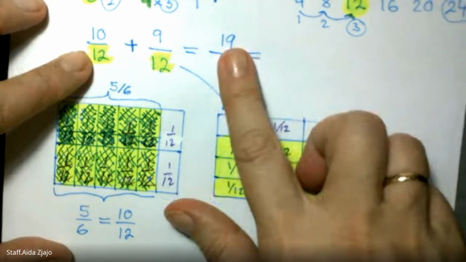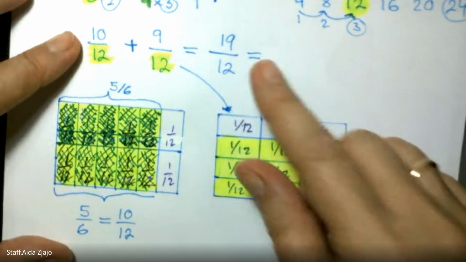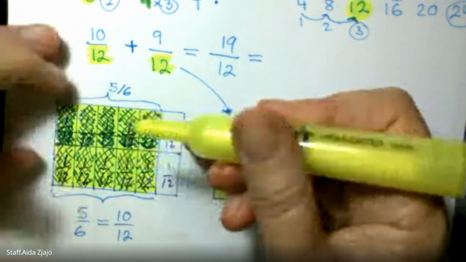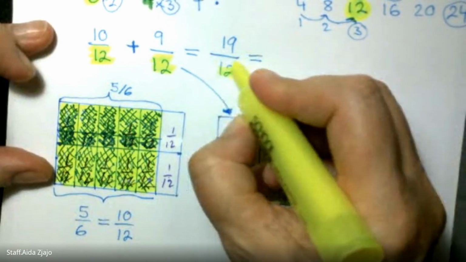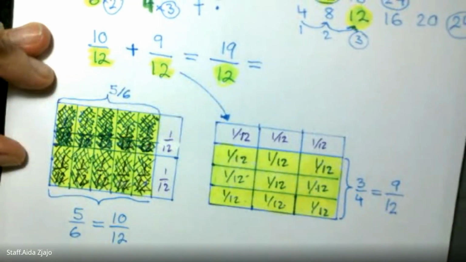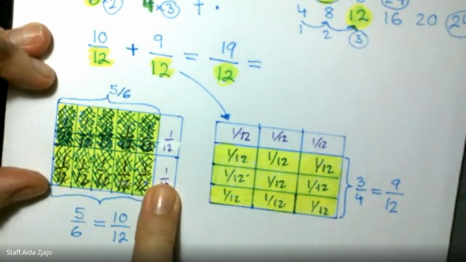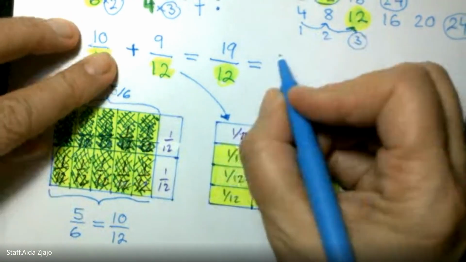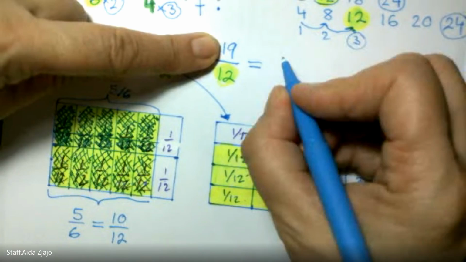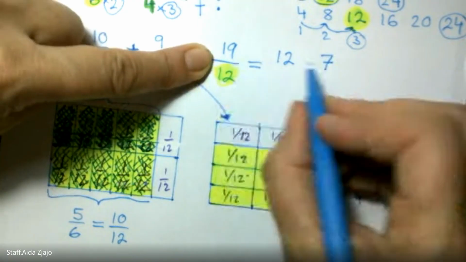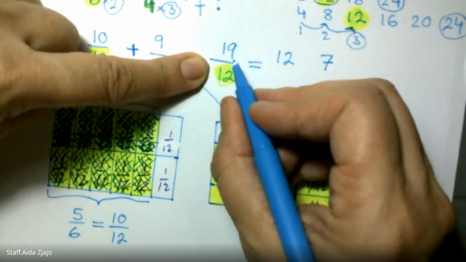How can we show that as 19 twelfths? We can always think, 12 pieces make a whole. 12 twelfths will make a whole. So if I look at that, I can decompose 19 into 12 and 7. 12 plus 7 makes 19.